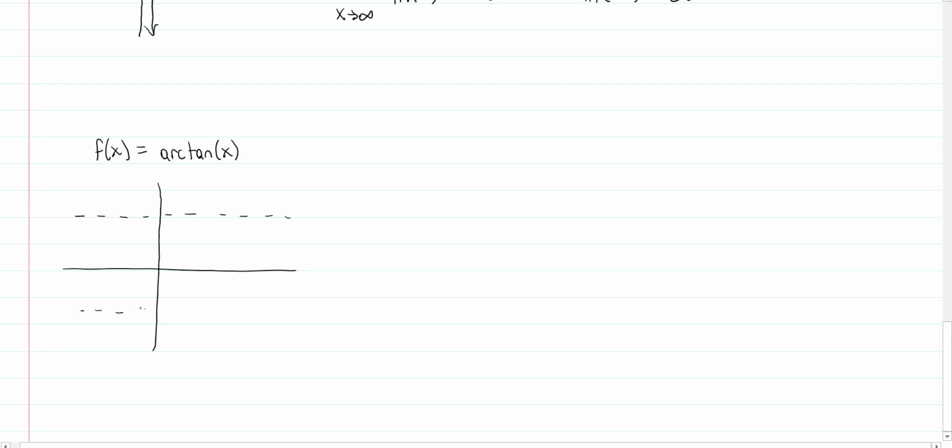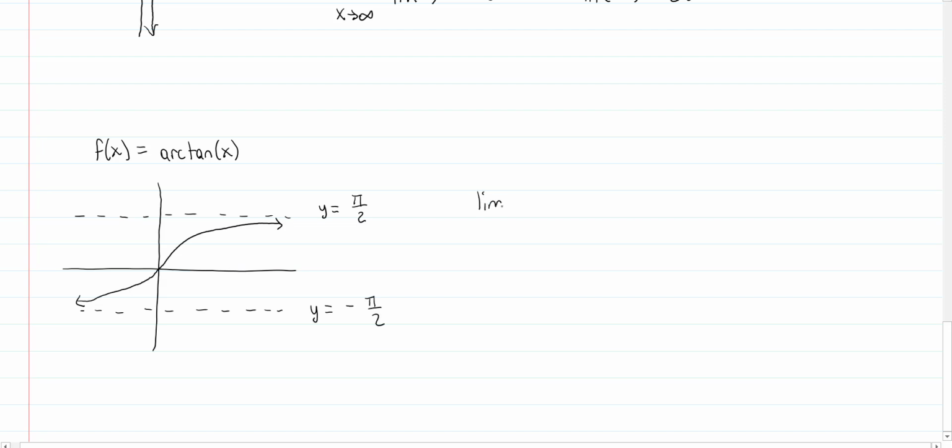So the graph of the arctangent function looks something like this. And it has these horizontal asymptotes at pi over 2 and negative pi over 2.